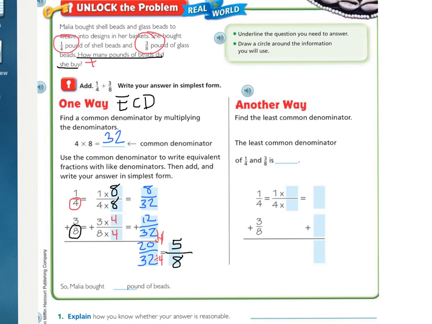That's using the ECD. The other way is to find the least common denominator using the least common multiple. So normally I would say take your two factors, we have 4 and 8, create your tree, and write out your multiples.